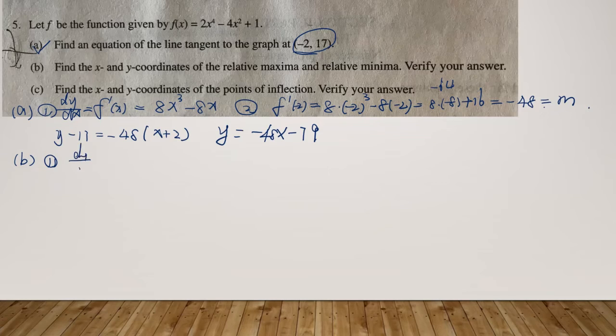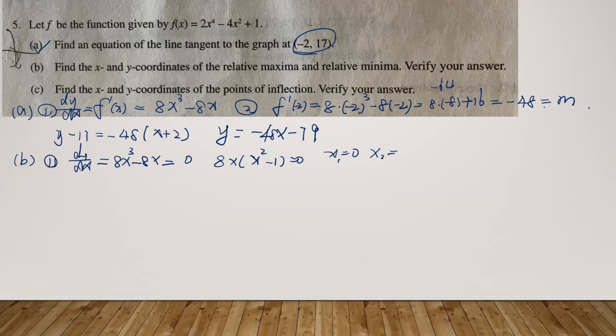Set the derivative to be 0. So it's 8x cubed minus 8x equals 0. We factor 8x out of the expression.